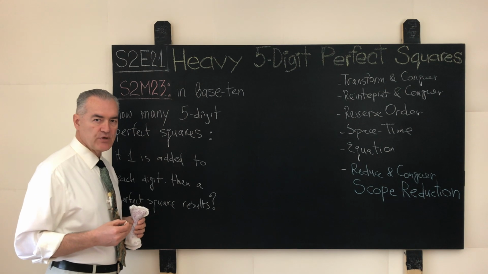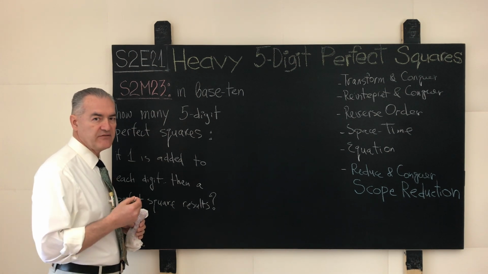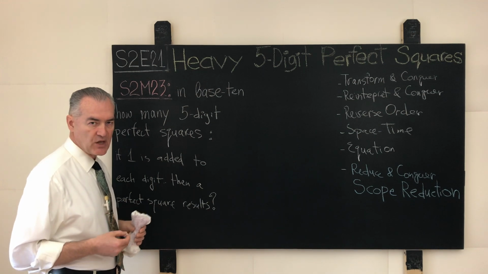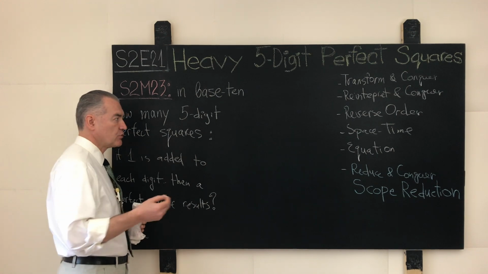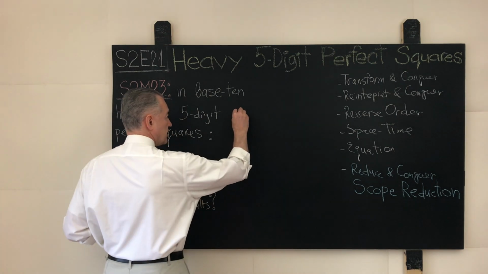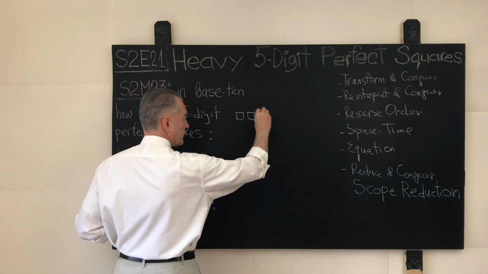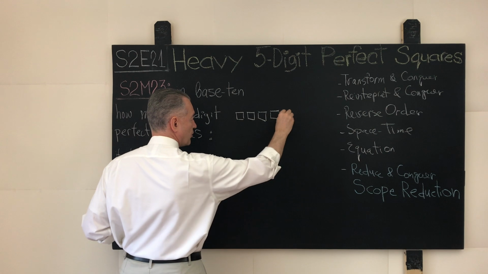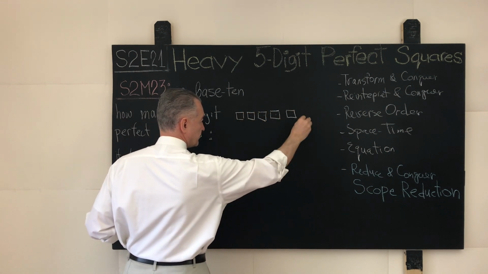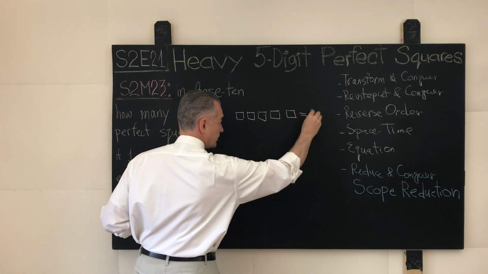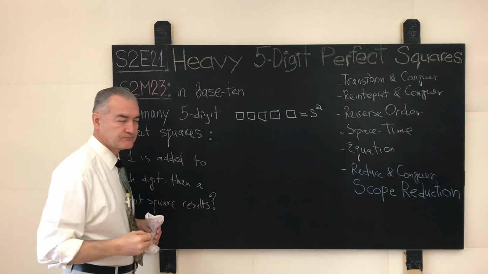So how did I come up with the title of this episode, Heavy 5-Digit Perfect Squares? Well, I guess that I have a little bit of a physicist left in me still. So let us assume that each digit of a 5-digit perfect square, let's say 1, 2, 3, 4, 5, is represented by a square.